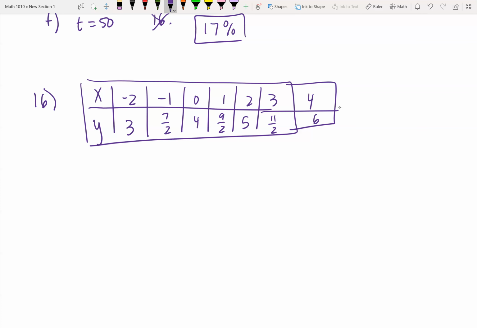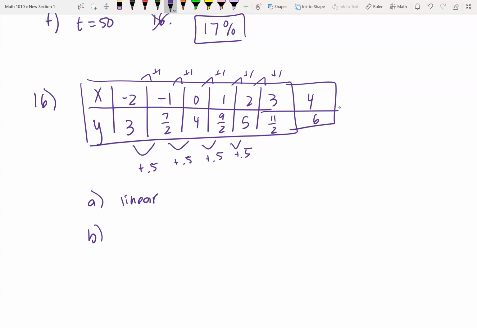So the top is going up by 1, like this. It goes up 1, up 1, up 1, up 1, up 1. This is 3.5, so I'm adding 0.5. 3.5 plus 4 is 0.5. 9 over 2 is 4.5. So I can see this is linear. I'm adding 0.5. So part A is, it's linear.